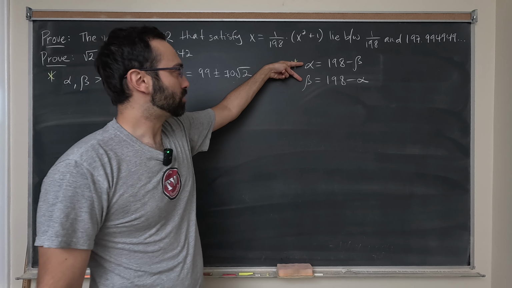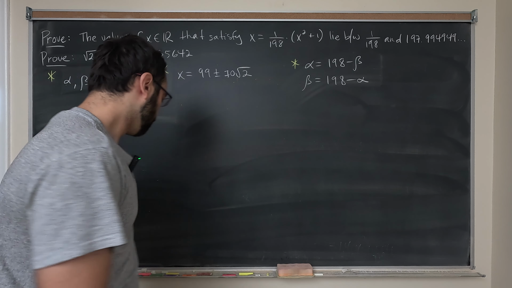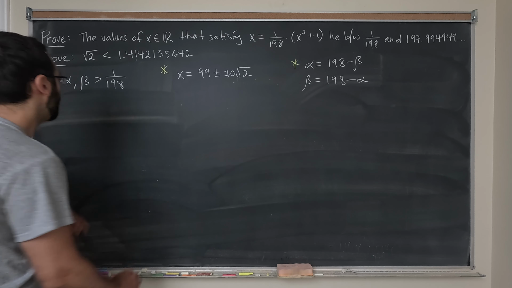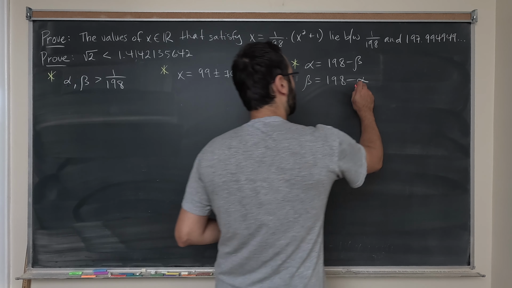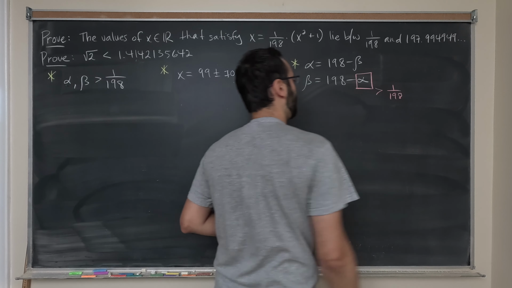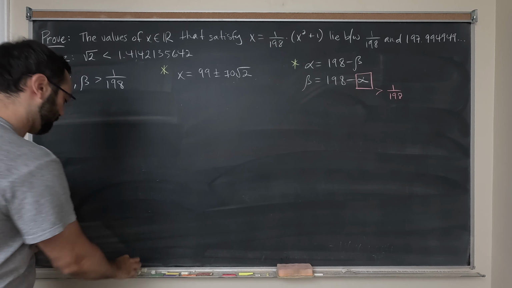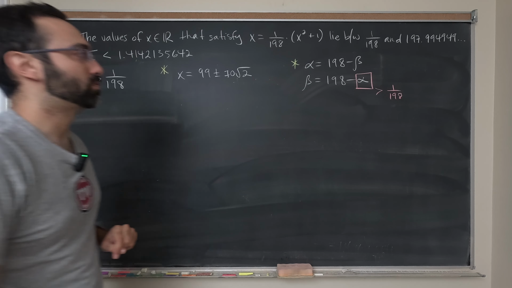And we had this relationship between alpha and beta, this one and this one. Well, at this stage, we now know that alpha is greater than 1 over 198. So this is greater than 1 over 198. And beta is greater than 1 over 198.